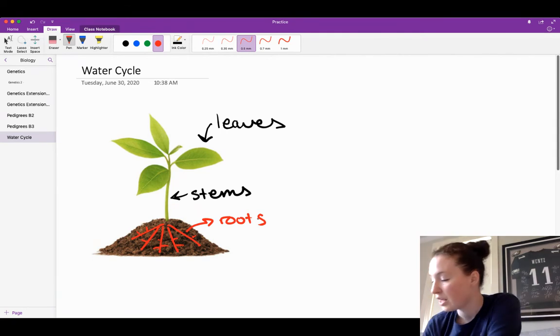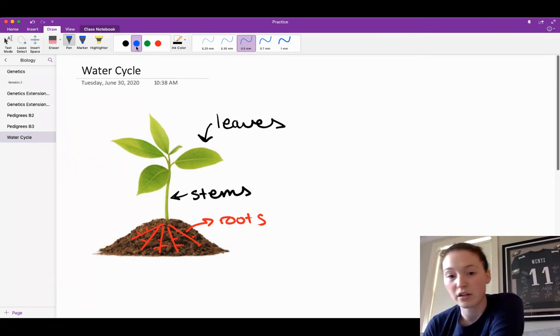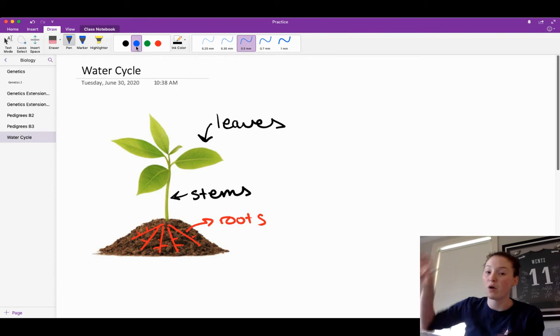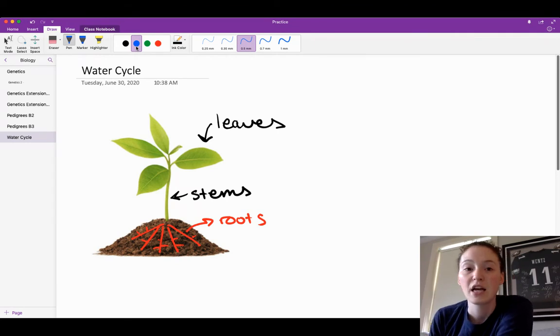Okay? Now, how does the water cycle interact? Well, we've learned that precipitation is when water comes down from the sky in the form of snow or sleet or rain. It can collect in rivers or lakes or streams, or it can be absorbed right into the ground.